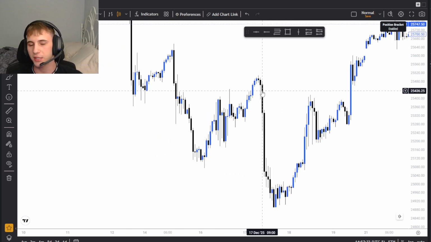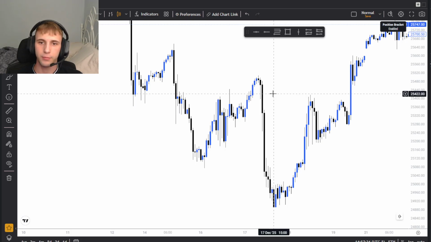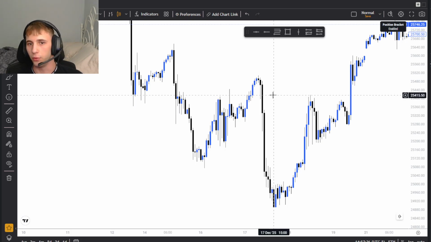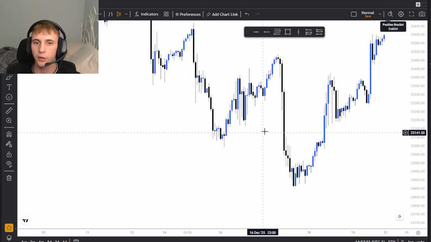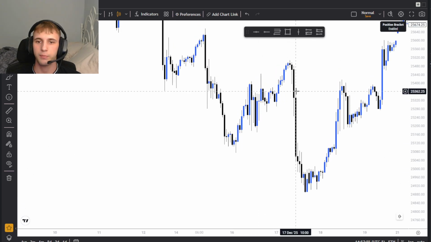And price drops not only because people want to sell their cards for whatever reason it may be, but it's dropping dramatically because there isn't many people willing to buy those cards at that moment in time. Okay. So what happens? Price keeps dropping and dropping and dropping.